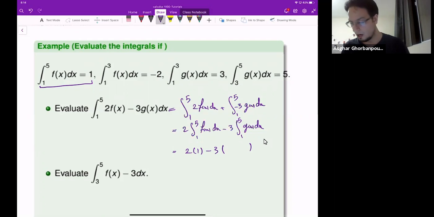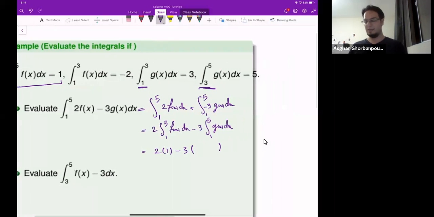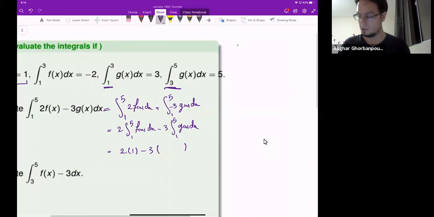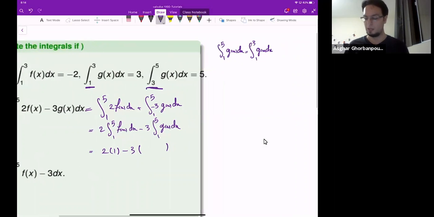The integral of g from 1 to 3 is given, from 3 to 5 is given, and now we can go ahead and use the property that integral of a function from 1 to 5 can be written as the sum of integral of the same function from 1 to 3 plus integral of that same function from 3 to 5. Why did I do that?